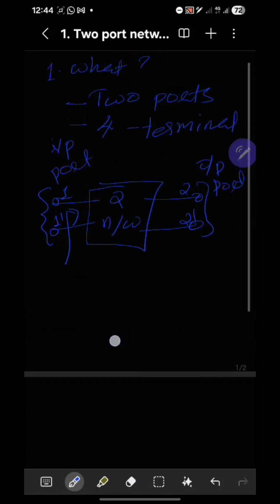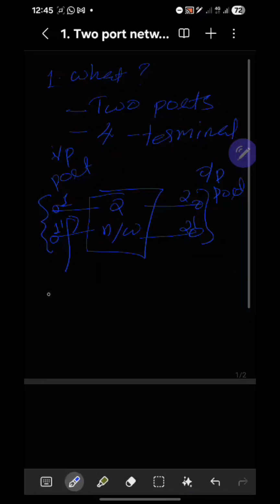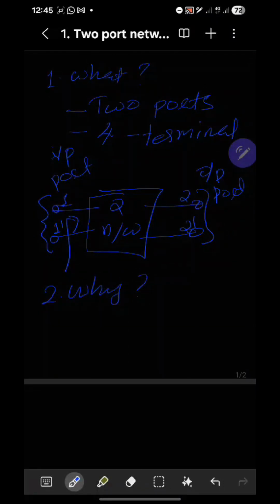So the next question that comes to our mind is why we are learning about two-port networks. The reason is many of the circuits we are using in electronics engineering, communication, all these applications are two-port networks. Examples are filters, attenuators, equalizers, even the transistor which we learn, we can model as a two-port network.